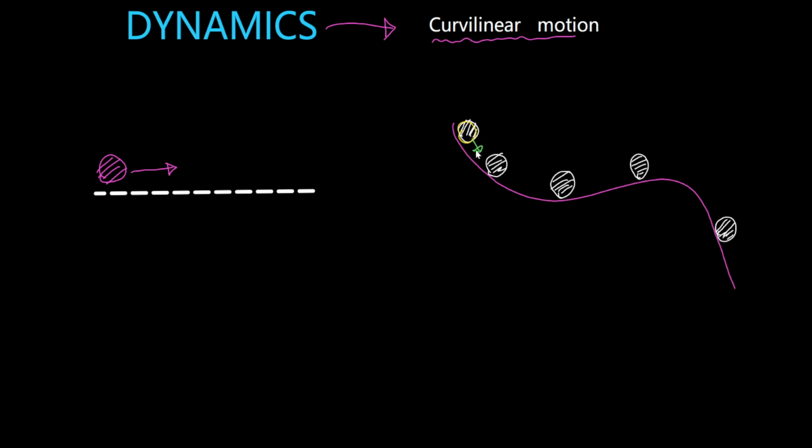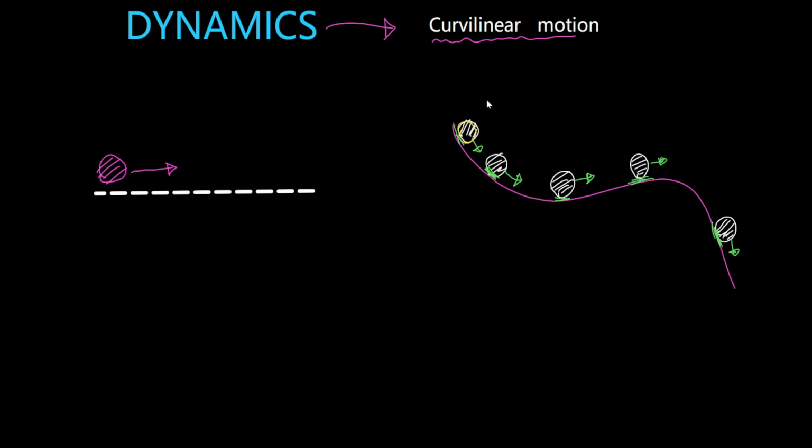Whatever the curved path, this will be the velocity vector. The object will move along the path, and only then will there be contact between the object and the curved surface, so the motion will be possible. Otherwise there will be loss of contact, and you cannot say it's a curvilinear motion.